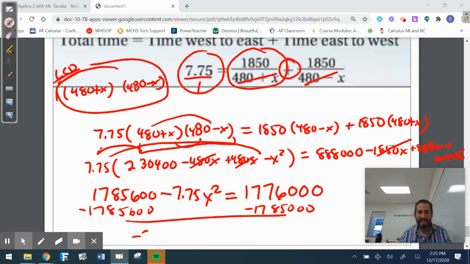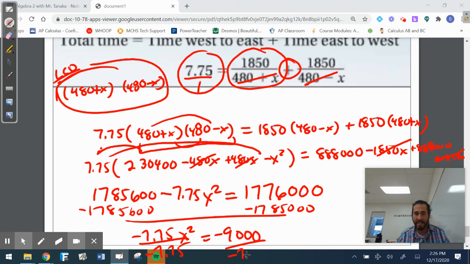Let's see what we get. We get negative 7.75x squared equals minus, let's see, 178,512, and I get negative 9,000. How do I solve that? I divide by negative 7.75, negative 7.75, and I get x squared equals, let's find out what this crazy tailwind is.